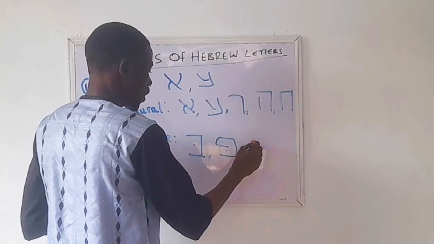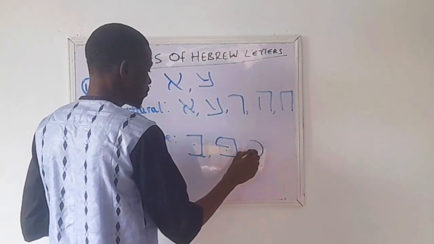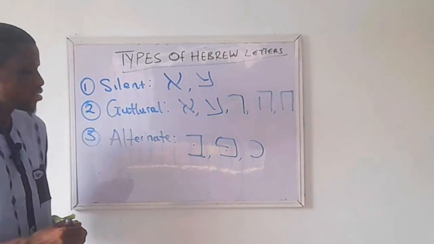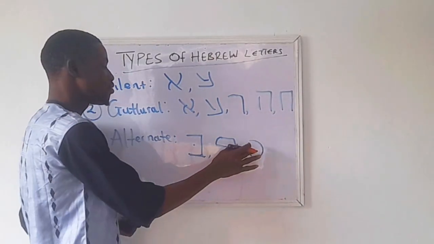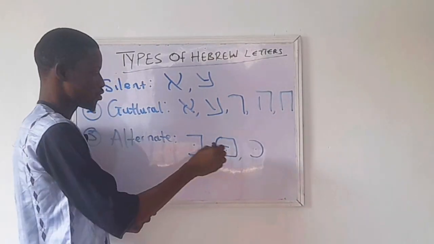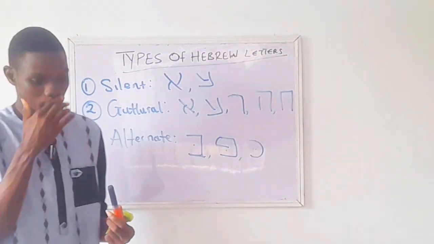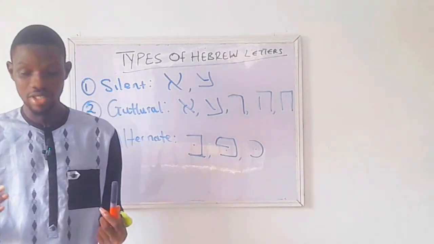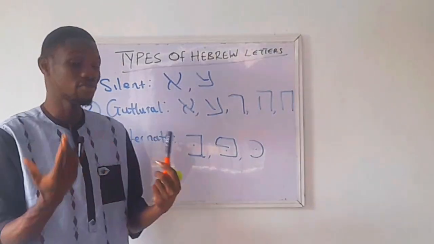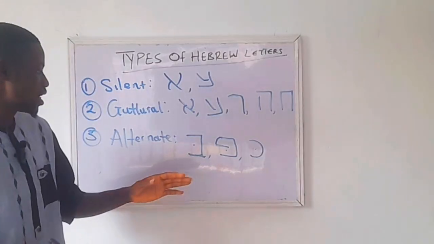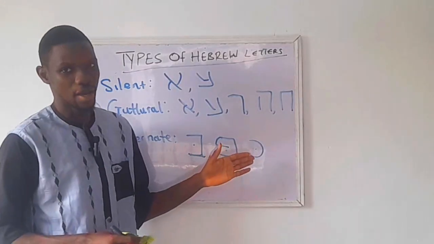The third one is our kaf. Although it is classified among the noticeable, for someone like myself who is not really good with sound, it may not be noticeable when I pronounce it.